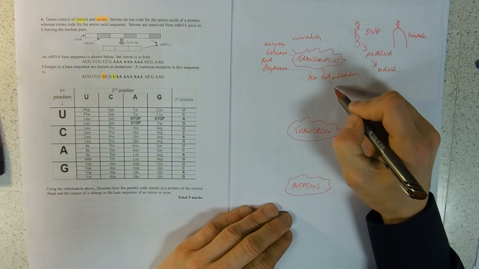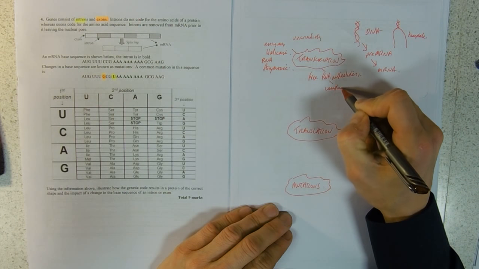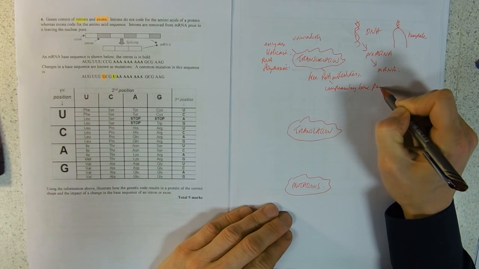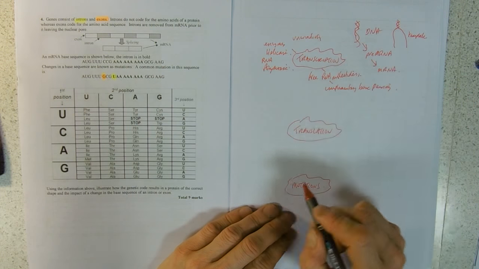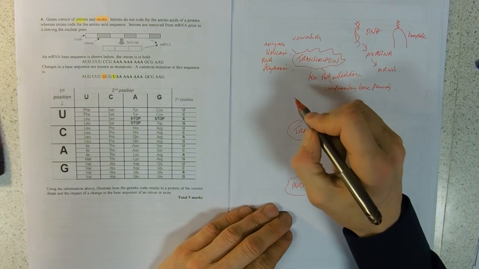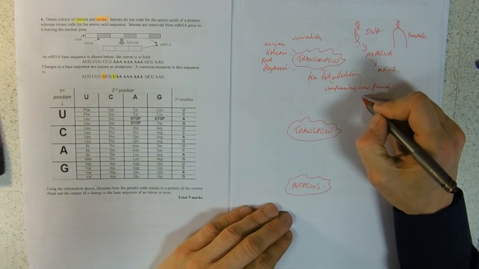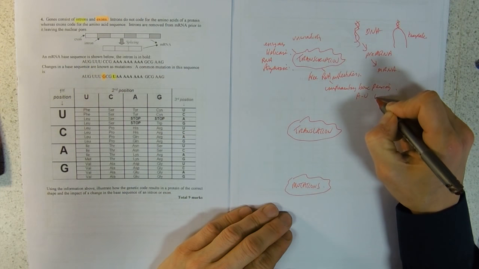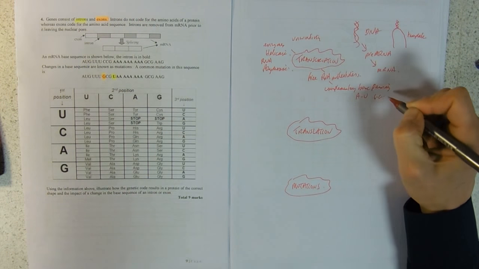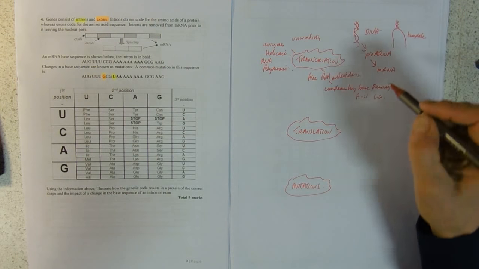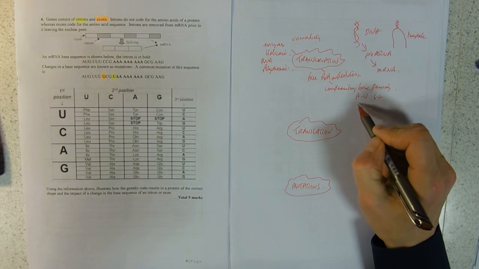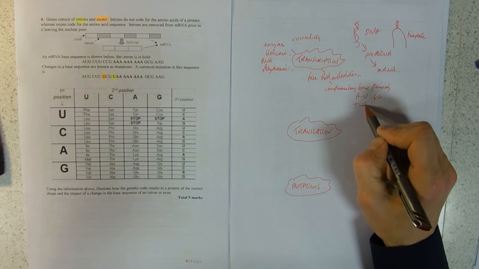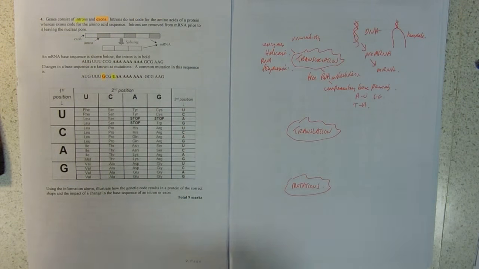How will they attach? We're going to talk about complementary base pairing, and we've got no T's, remember, so it would be A to U, C to G, or indeed T to A from our DNA.